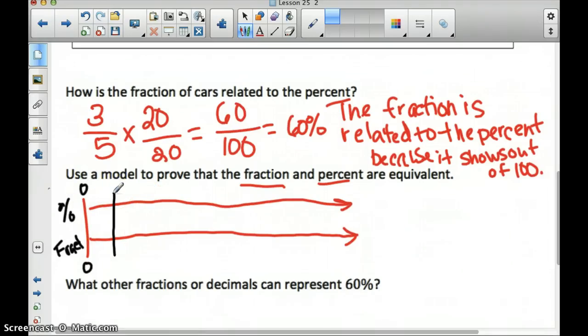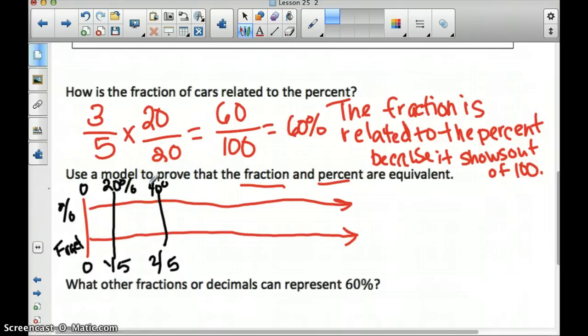Let's start with our first one. Our fraction, we're going out of 5 here. So we can say our first fraction is 1/5, and that would be 20%. Second fraction, 2/5, and that would be 40%.